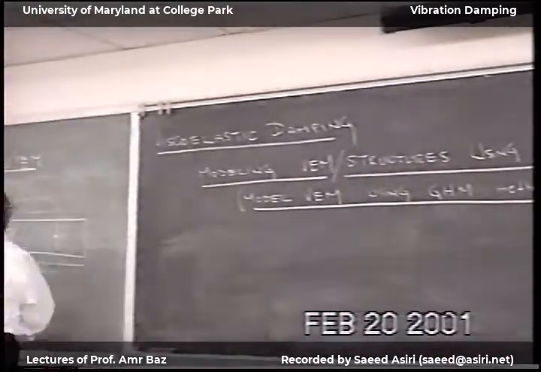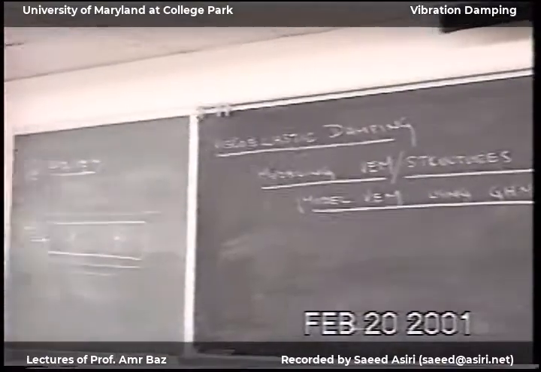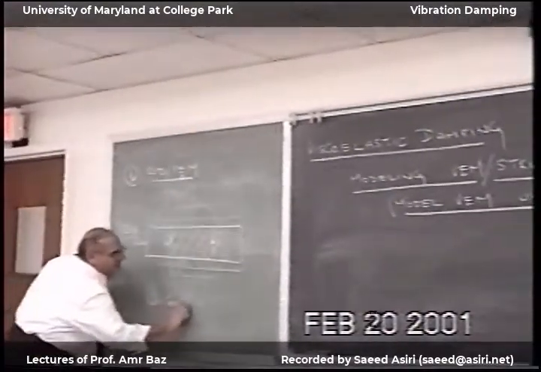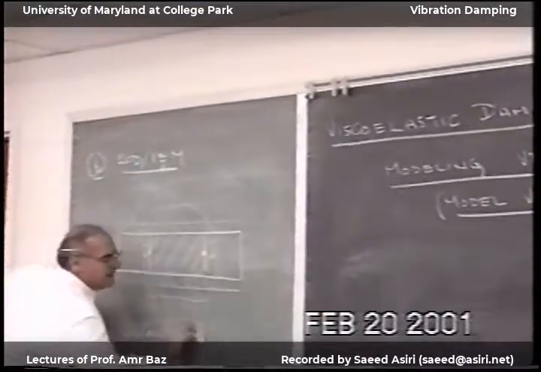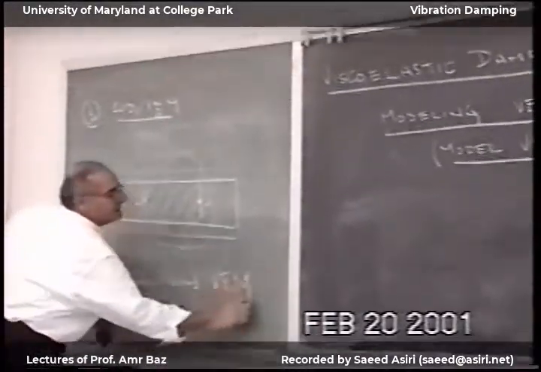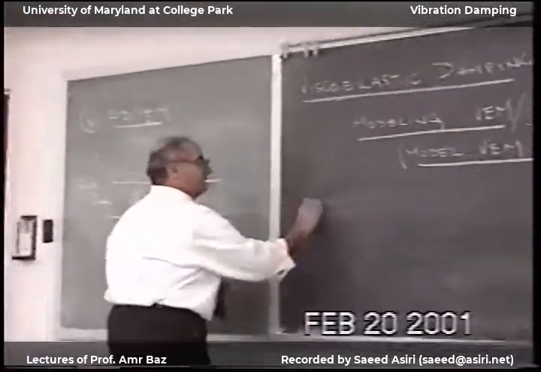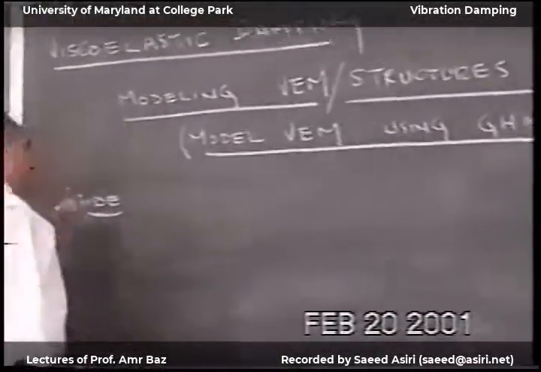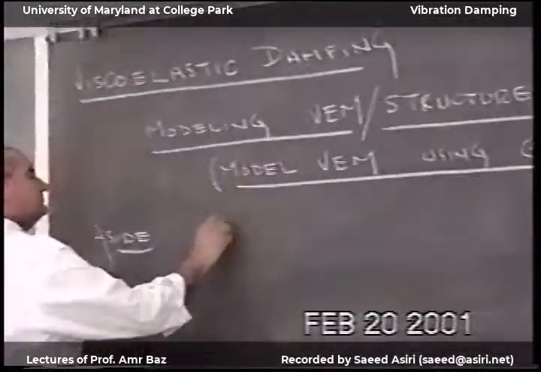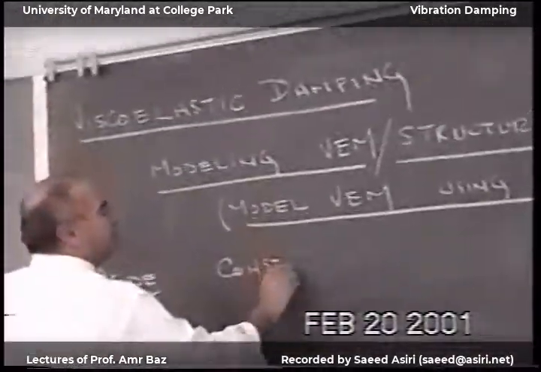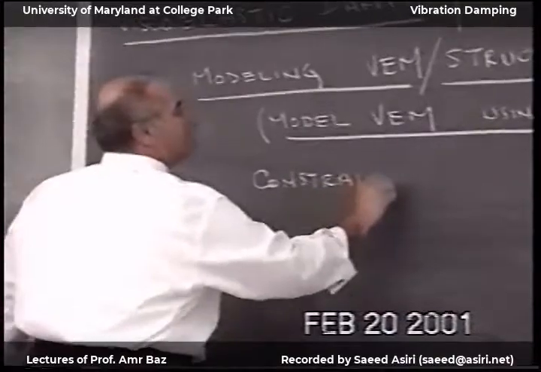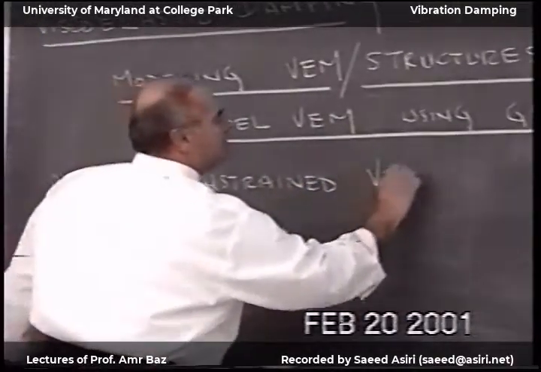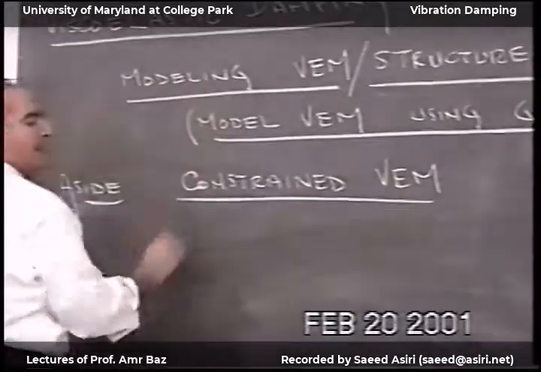then the story will be different, and I'll just say this is called unconstrained. For constrained VEM, I'll have something like this.